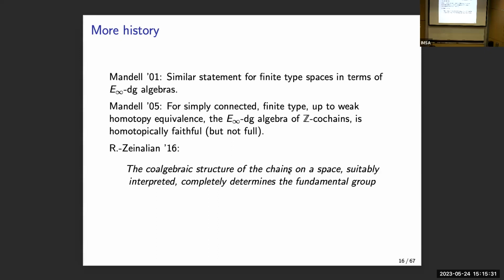Over C as well, yeah. They're not equivalent, but over the integers they are not. So CDGA is fully faithful in E-infinity. That's correct. The CDGA maps to E-infinity, and whether this is fully faithful depends on your coefficients. So for integer coefficients, no.